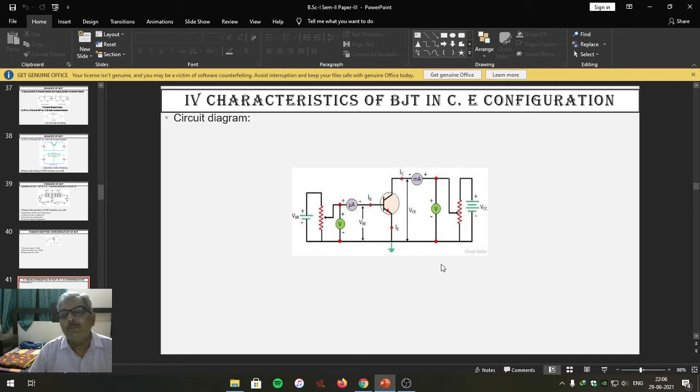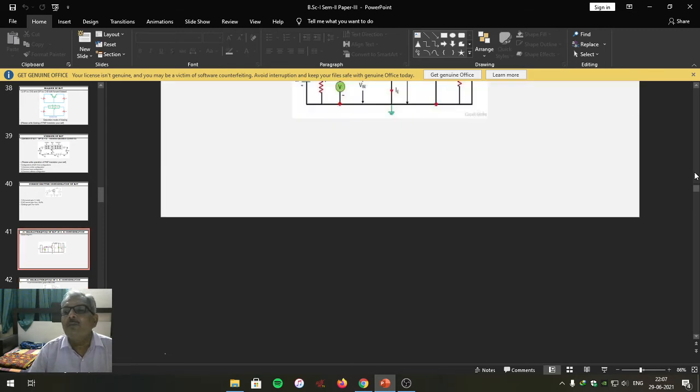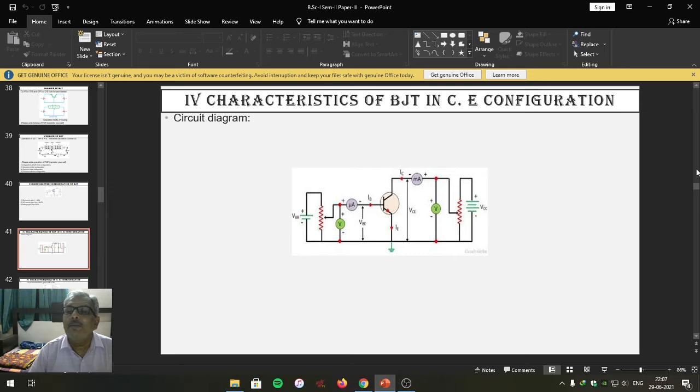Dear students, let me plot the input characteristics. By definition, the input characteristics of BJT is the graph of input current versus input voltage when output voltage is constant.